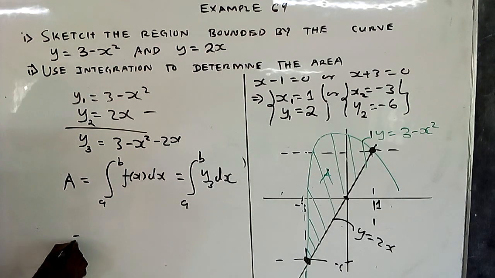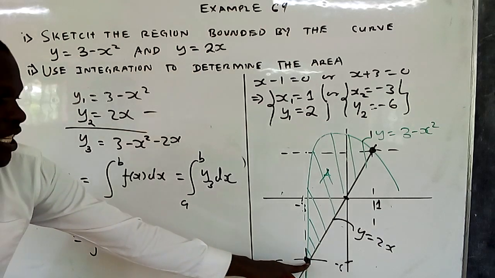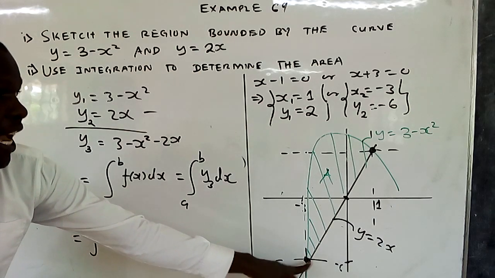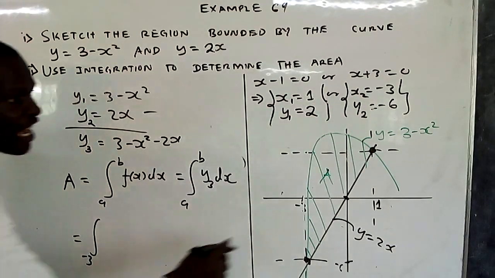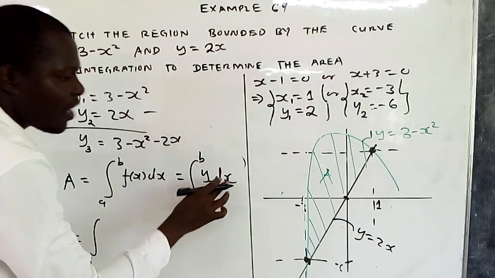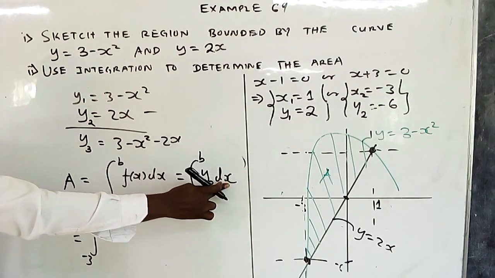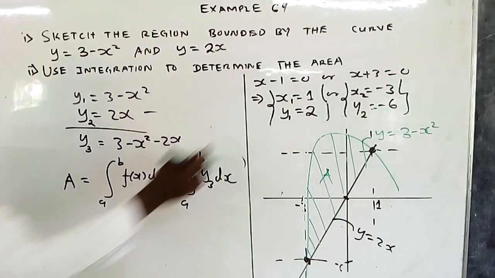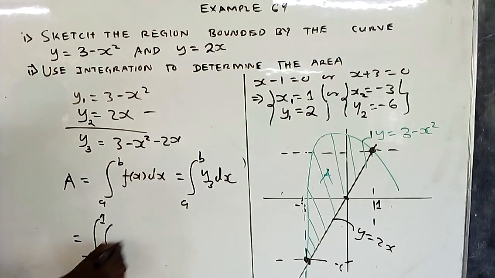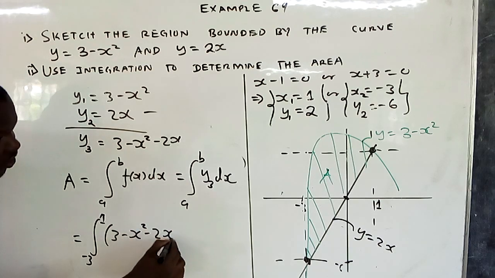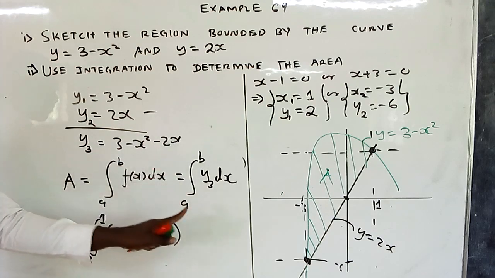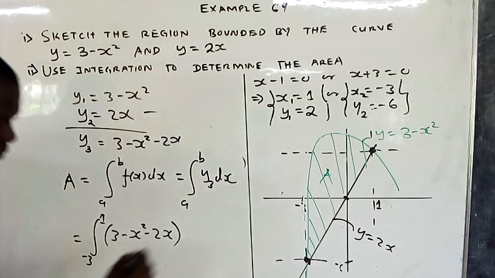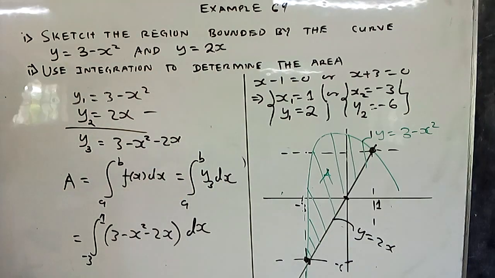Can you do the substitution there? What are your limits? You are starting from this point. What was the x value here? You got x there to be negative, so you are starting from -3 and you are ending at this point. What is the x value there? Positive 1, which is 1. Then y3 is 3 minus x squared minus 2x, and you are integrating with respect to x.